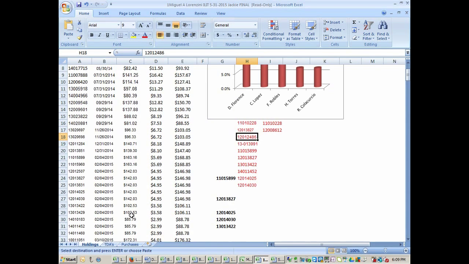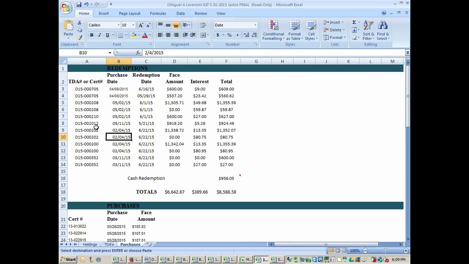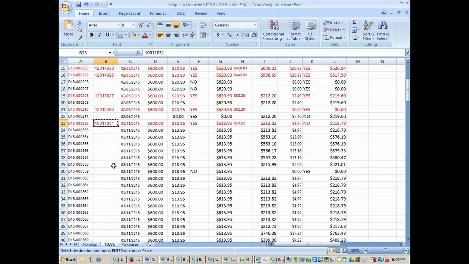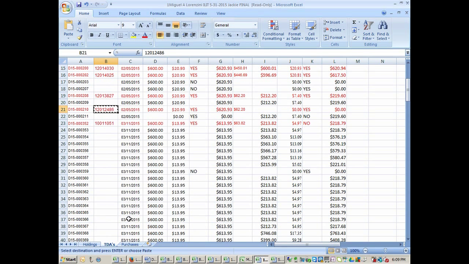So there's no need to copy this and take it to the snapshot page when the clerk of court fee is the only thing that's redeemed with regard to that TDA number. So you don't need to deposit it on the holdings page either. And I think I saw a couple of those that were done that way. I'll try to find one right now. Let's see.